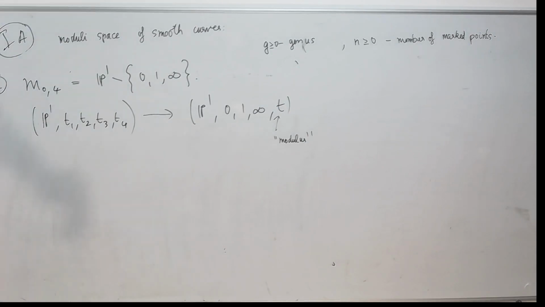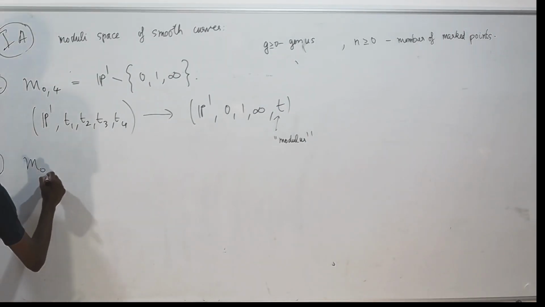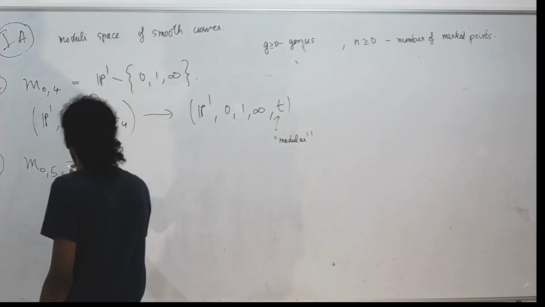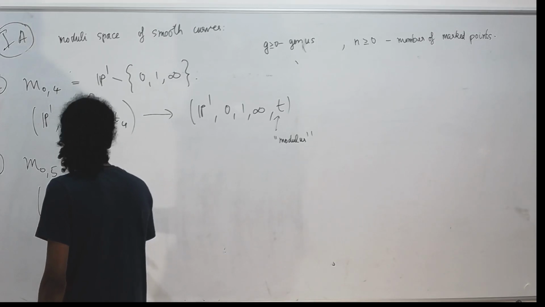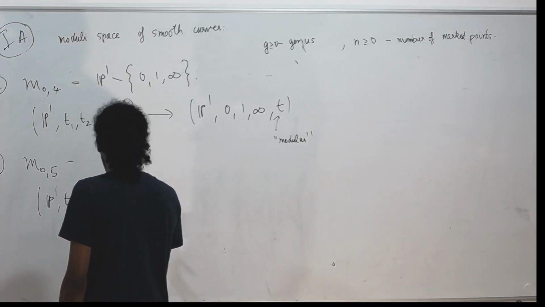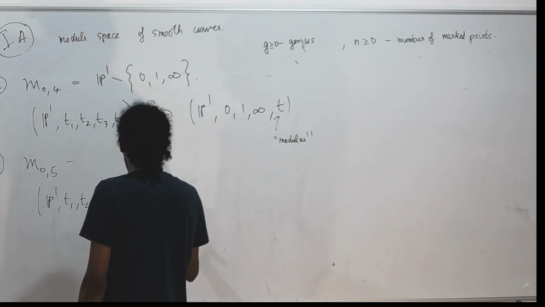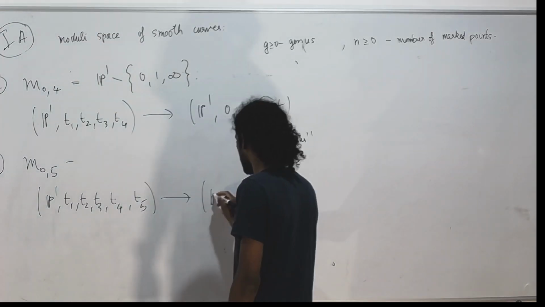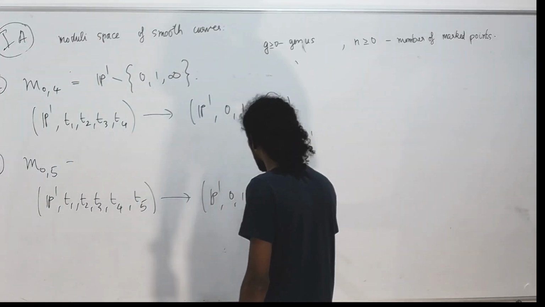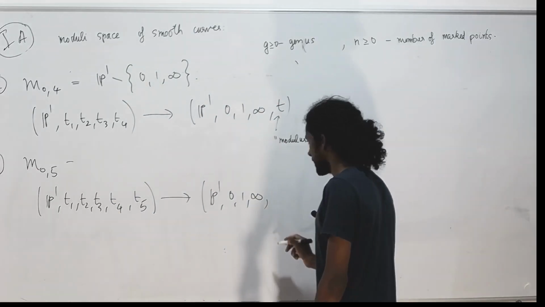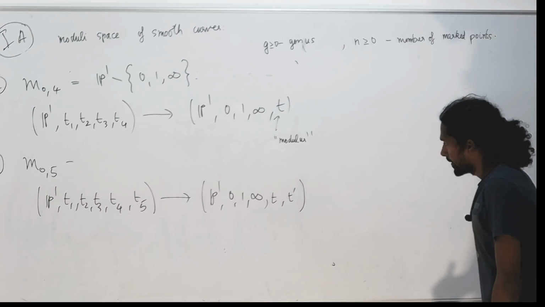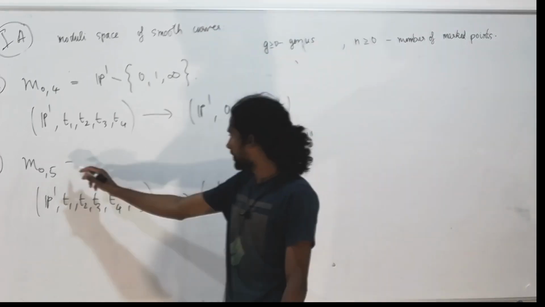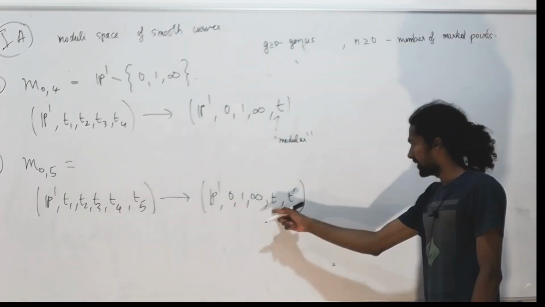Okay, great. So we can keep going. M05. Okay, I do the same trick. T3, T4, T5. I fix 3 of my points. Call the other two T and T prime now. So now I have T and T prime.